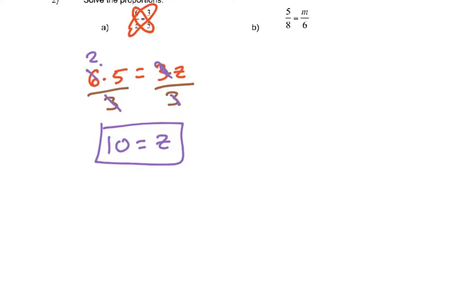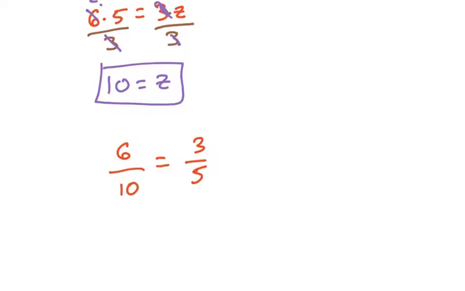I also want you to see something here that's also pretty interesting. If I plug in 10, we have 6 over 10 equals 3 over 5. What a proportion really is saying, it's a ratio of values. And so if we say that we have some value behind 3 and 5 that we don't know, we'll call it x.